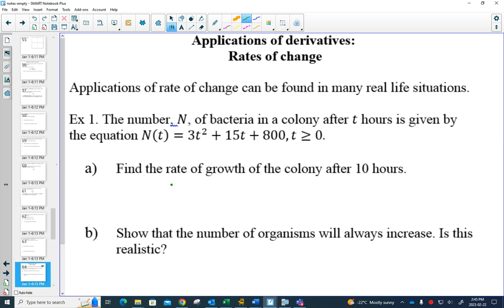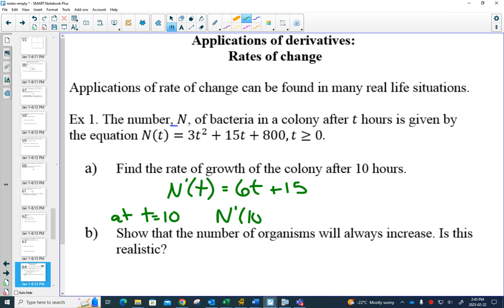We would find first our derivative, and then at t equals 10, we'd get 75. And if we include our units as a rate of growth, this would be bacteria per hour.